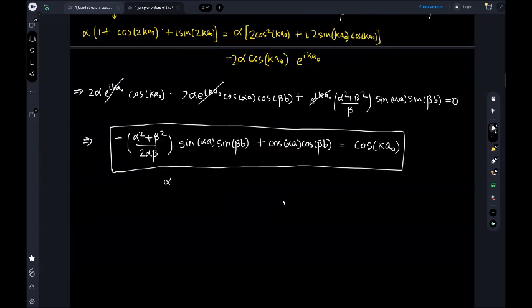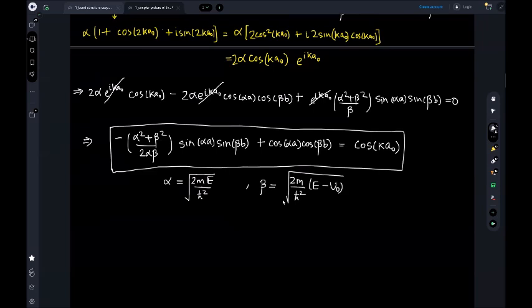If you recall, I had defined alpha to be equal to under root 2mE over h bar square, and similarly beta.